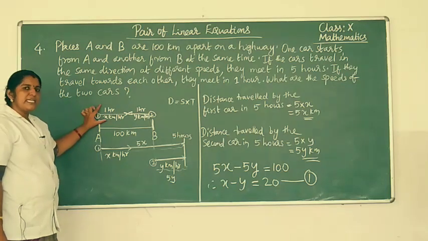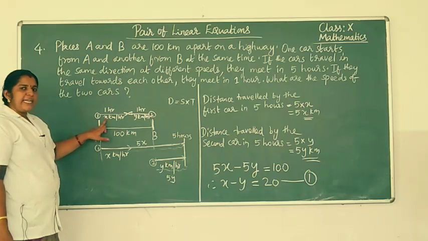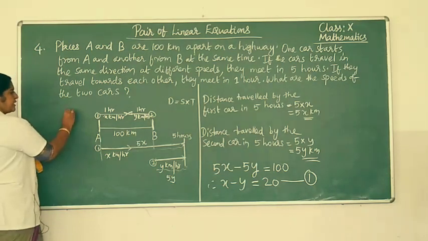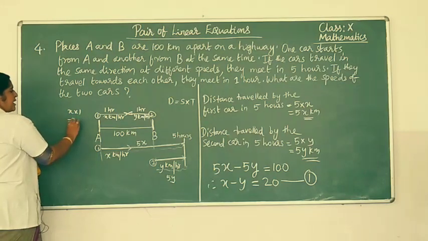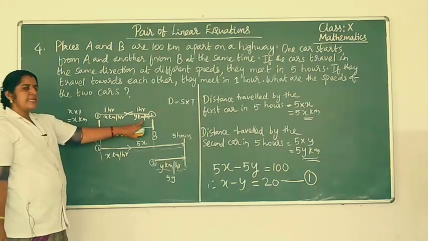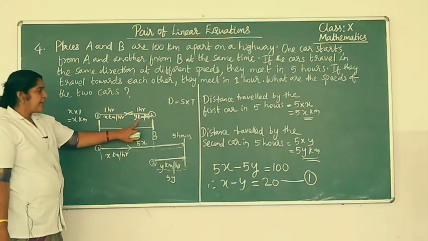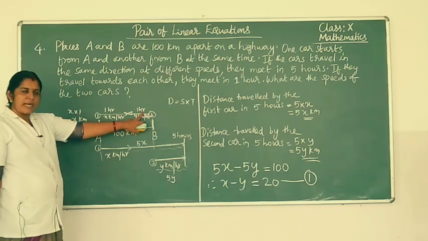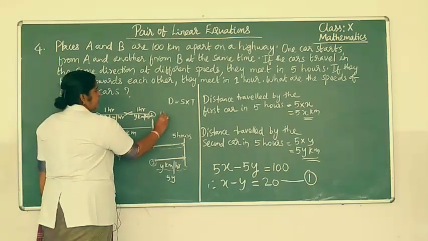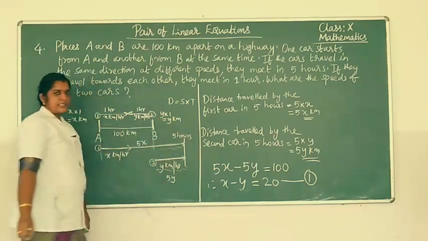So the distance travelled by the first car is speed into time, that is x into 1, which is x kilometer. Similarly, the distance travelled by the second car is y into 1, y kilometer.